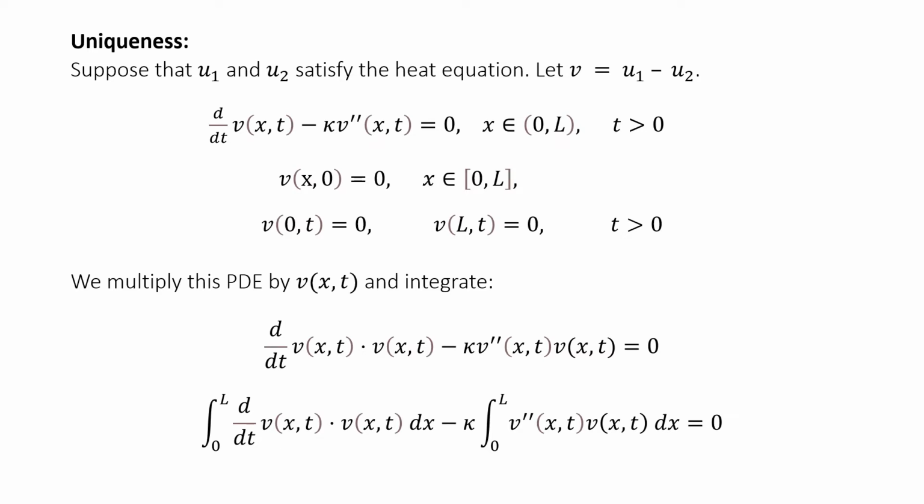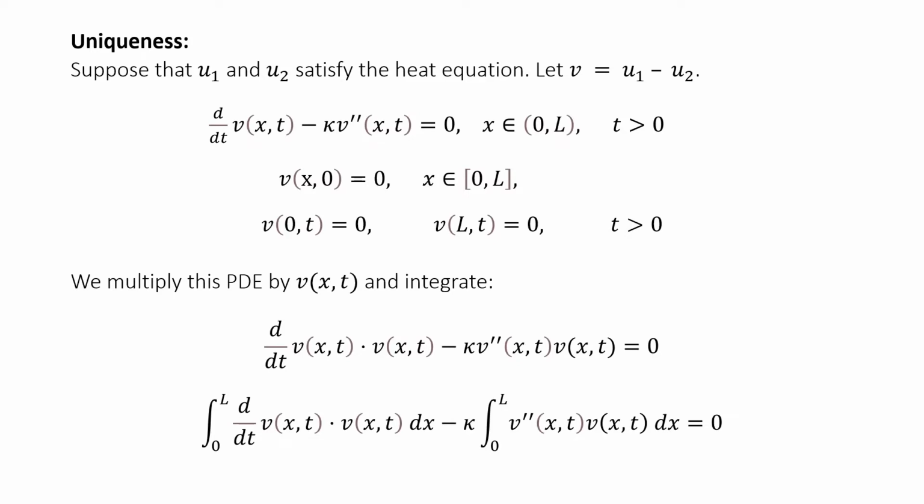Second, since u1 and u2 are the same at the initial time t equals 0, we already know that v equals 0 at the beginning. So v(x,0) equals 0 for all x between 0 and L. And finally, of course, v again satisfies the Dirichlet boundary conditions. It's 0 at the endpoints at all times.